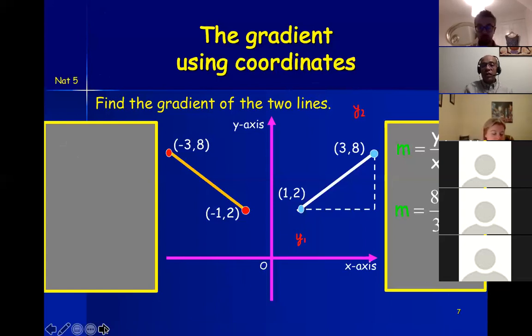You've got the choice. You can decide that instead of using y2 as 8, you could have used y2 as 2. You will get the same answer, but this time we will get 2 minus 8, if I had picked the other way around, and then 1 minus 3.